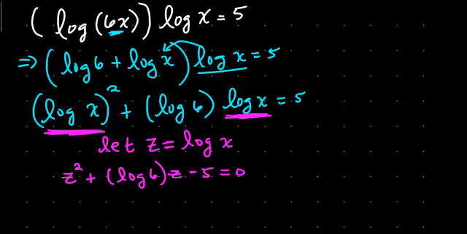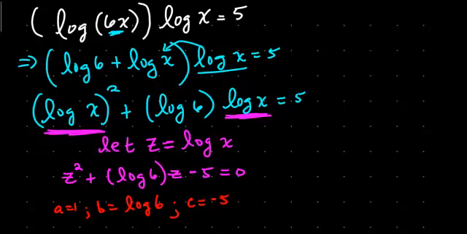And we see now we have a quadratic where a equals 1, b equals log 6, and c equals negative 5.